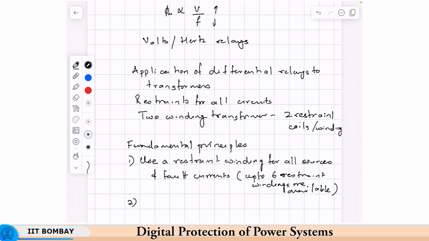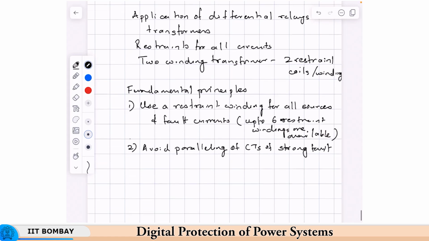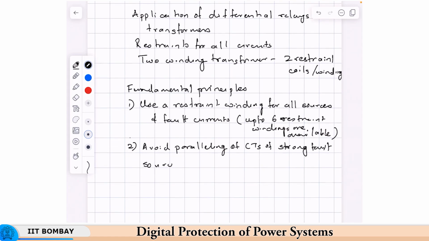The second one is avoid paralleling of CTs of strong fault sources with weak fault sources.